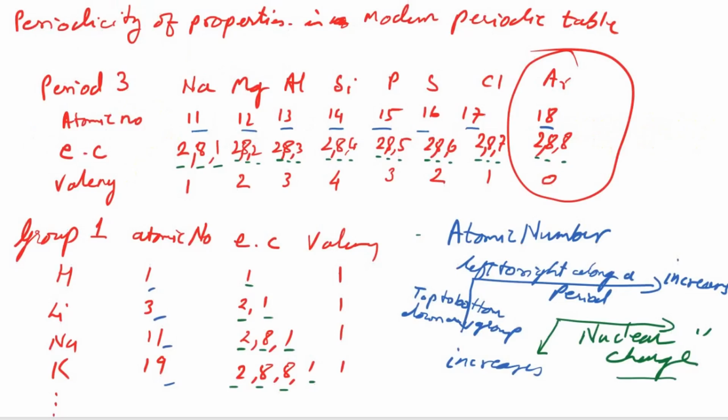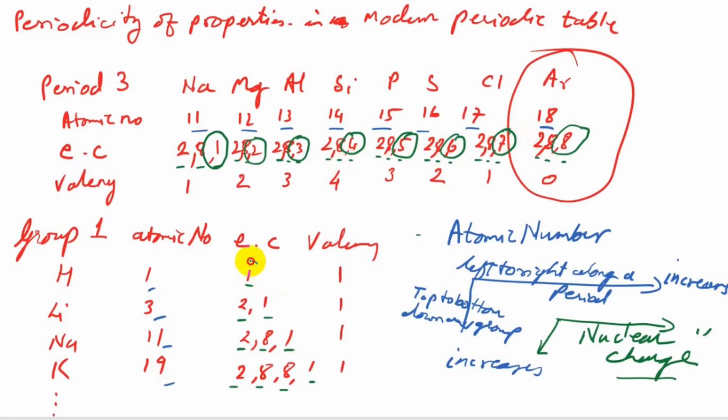Valence electrons here are 1, 2, 3, 4, 5, 6, 7, and 8. So as you go from left to right, the number of valence electrons is increasing, isn't it?